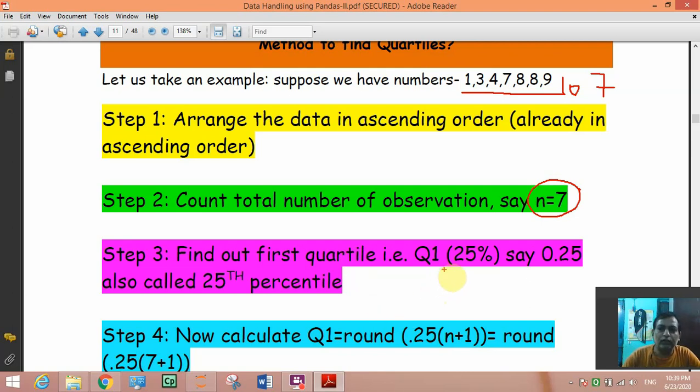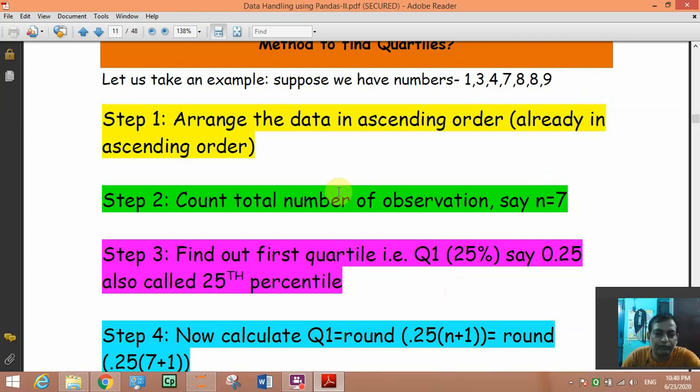It is denoted by Q1, quartile 1, 25%, and it is also called the 25th percentile. So percentile means from there, all 25% of students will be lying in this range.